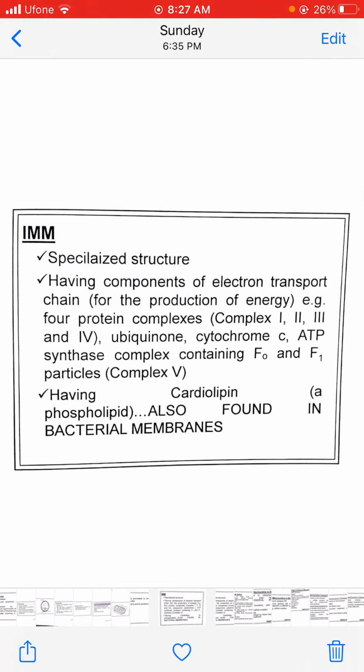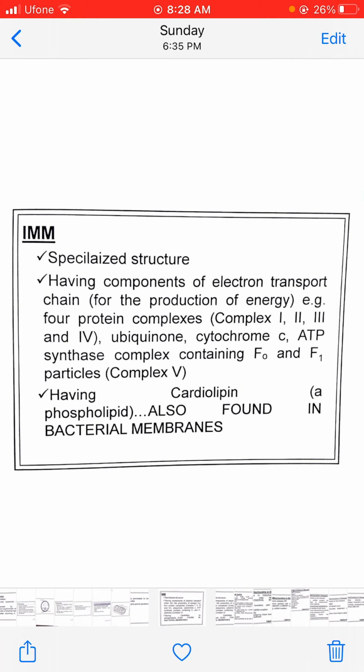The different protein complexes of the electron transport chain, complex 1, 2, 3 and 4, are arranged in the inner mitochondrial membrane, plus other components of the electron transport chain like ubiquinone, cytochrome C, and ATP synthase, with components F0 and F1, which are parts of complex 5.